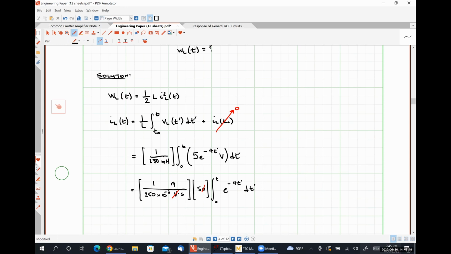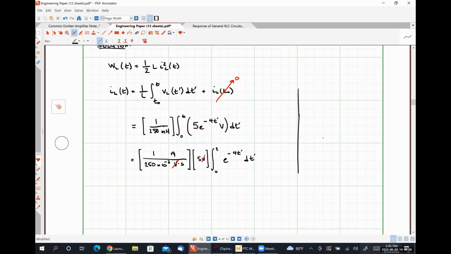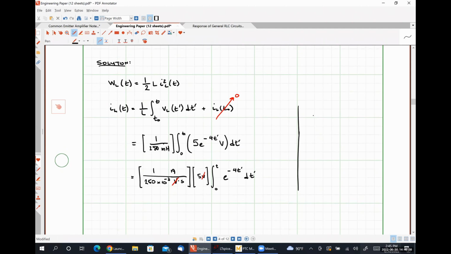How do we take the integral of an exponential function? Okay, we're going to be dealing with exponential functions an awful lot in this class. So as a very quick reminder, if we have a function e to the alpha t, the derivative of e to the alpha t is alpha e to the alpha t.